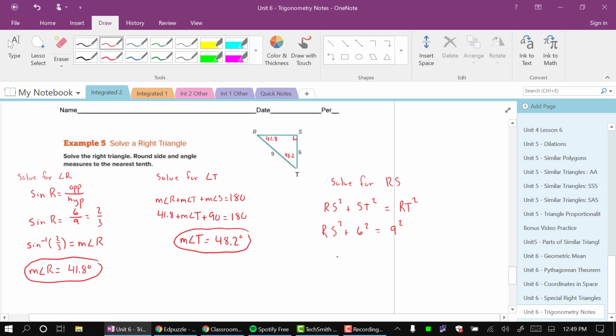So RS squared plus 36, because 6 times 6 is 36, equals 81, because 9 times 9 is 81. Subtract 36 from both sides. I get RS squared equals 45. Take the square root. RS is about 6.7. So right here is 6.7. So we found all the information. We found our two angles, and we also found what our third side was.